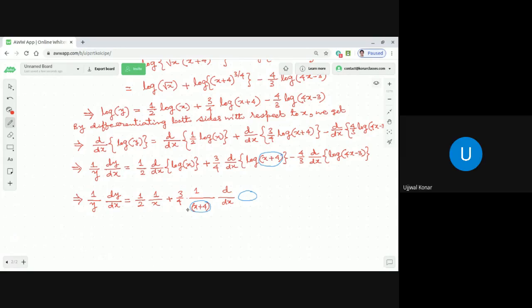So I can simply write 1 by x plus 4, because d/dx of log of x plus 4 means 1 by x plus 4 into d/dx of x plus 4, that is 1.